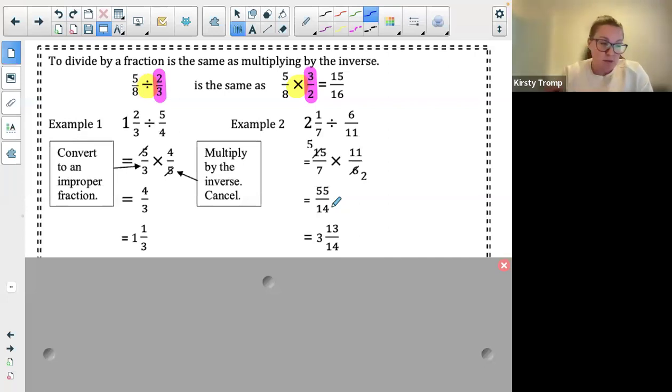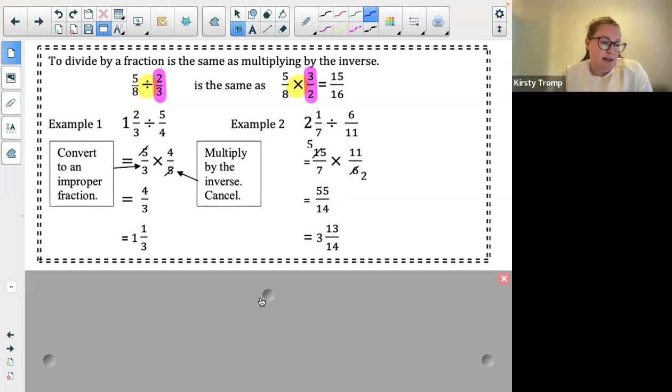Take it back into a mixed number, get our final answer. Right, I'm going to let you take a screenshot of that, or if you want to finish writing it out, I'm going to give you a minute to do that. Have a look there.